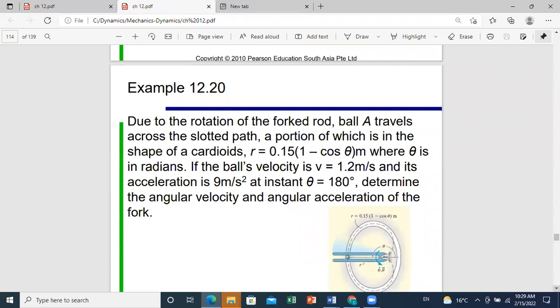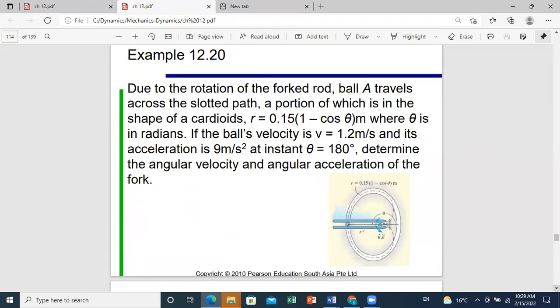Now, let us do another problem. In this problem, due to the rotation of the forked rod, ball A is traveling across a slotted path, a portion of which is in the shape of a cardioid, which has the relation r equals 0.15 times 1 minus cosine theta, where theta is in radians.